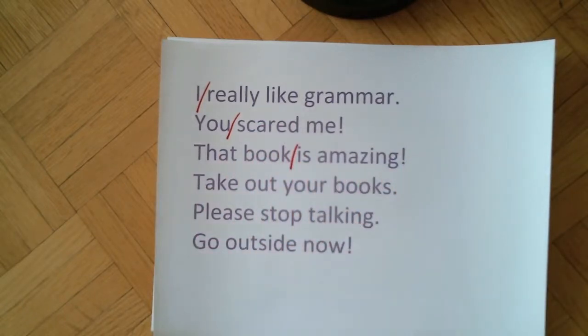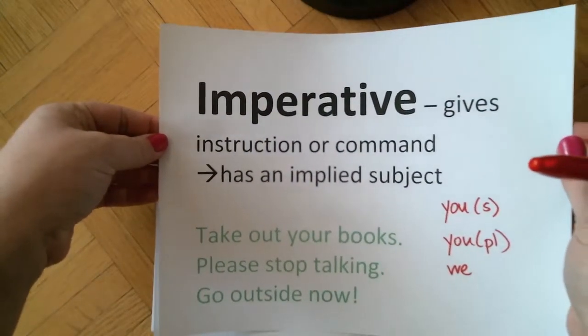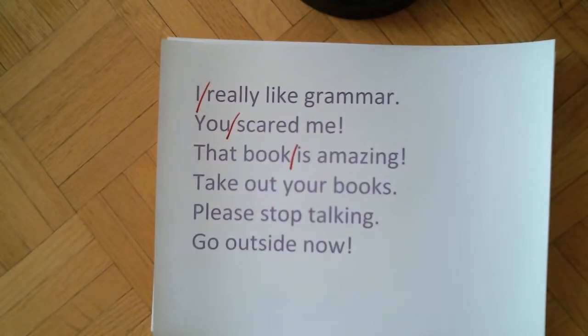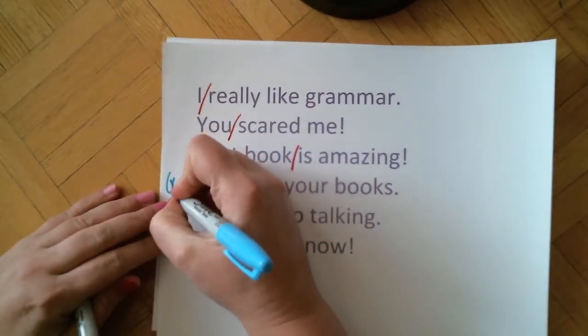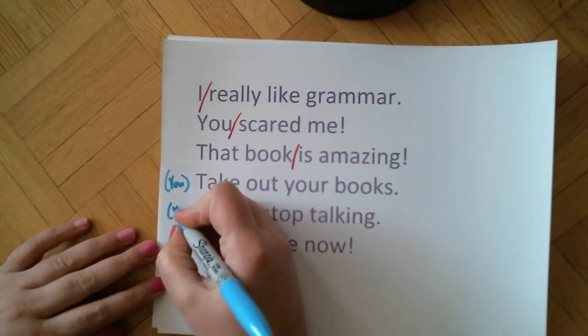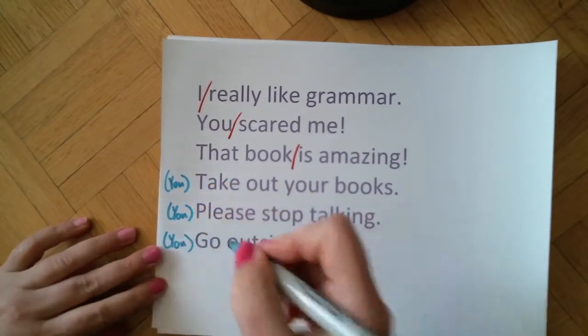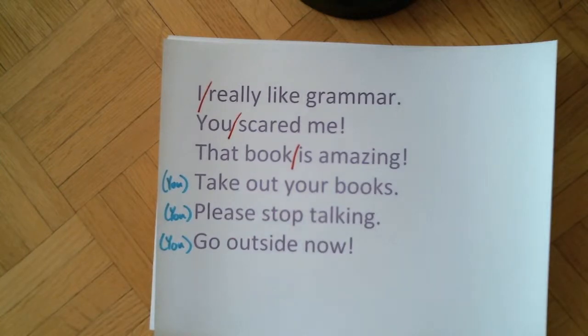Our next three sentences are, remember these guys, imperative sentences. And so they don't have an obvious subject, they have an implied subject. So who should take out their books here? Remember that it's you should take out your books. And you, please stop talking. And you go outside now. It doesn't say those words directly, but it implies them. That's why they're implied subjects.